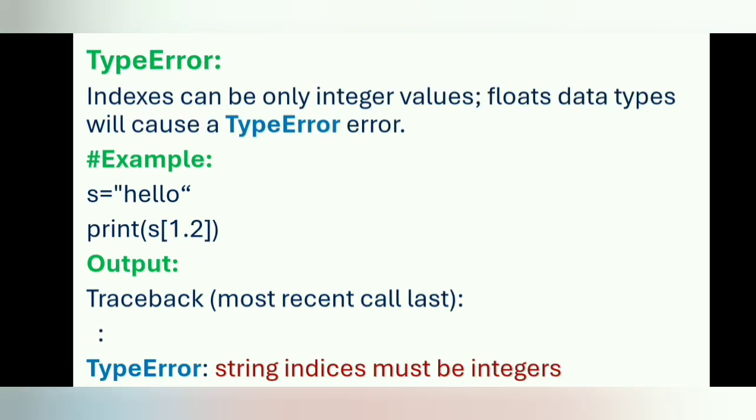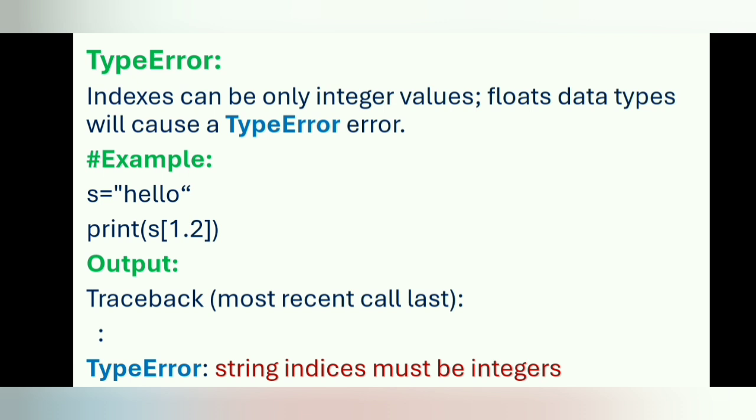Type error. Indexes can be only integer values. Float data types will cause a type error. This example will cause a type error. Indexes can be only integer values, not float, string or non-data types.